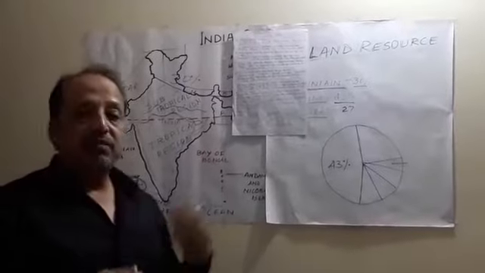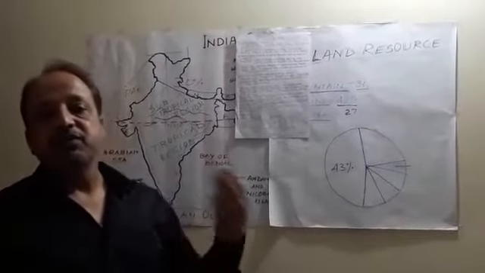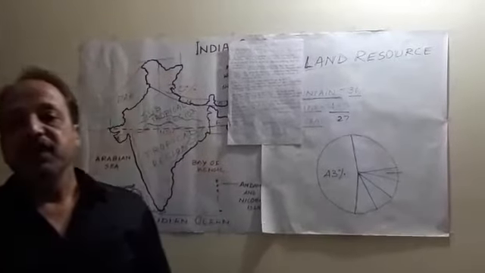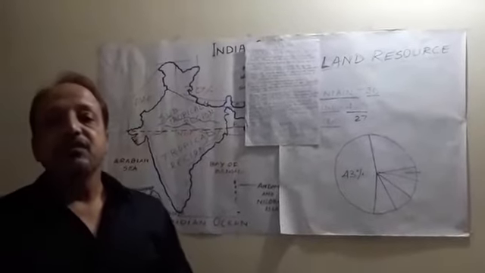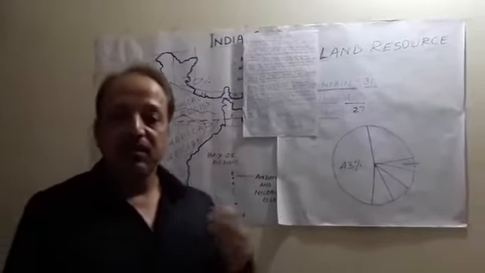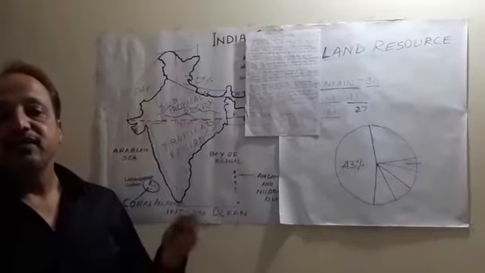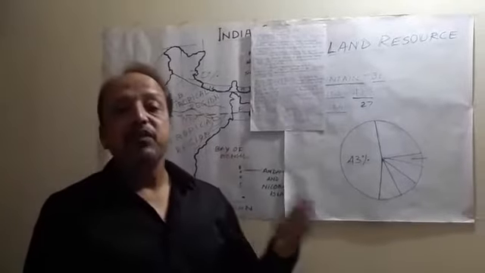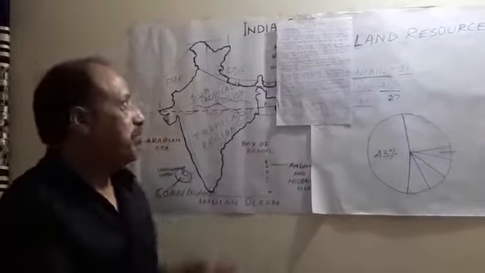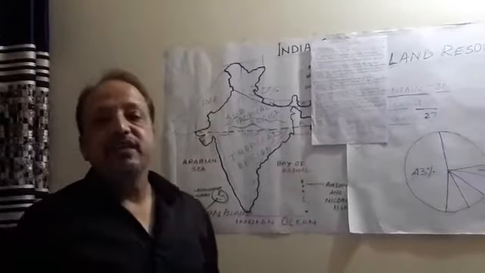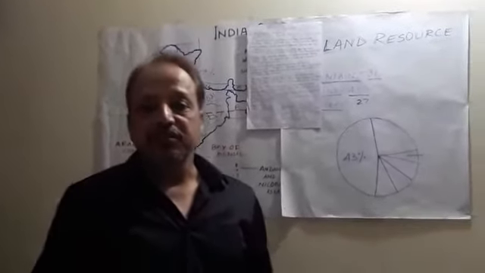The causes can be mining, in parts of Jharkhand, Chhattisgarh, Madhya Pradesh or Odisha, where land gets degraded due to mining. Some states like Punjab and Haryana are degraded due to over irrigation.